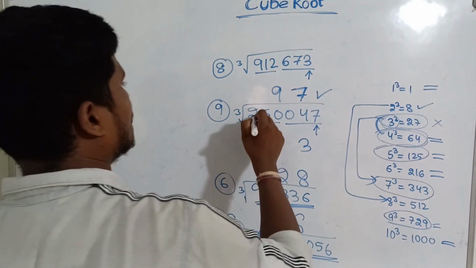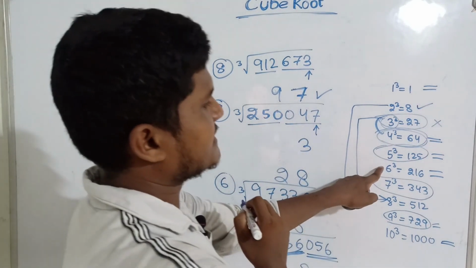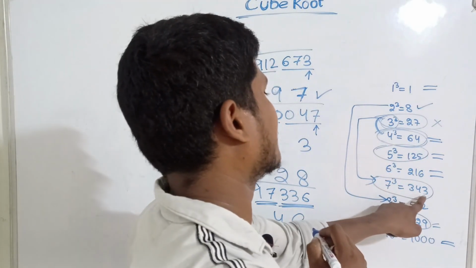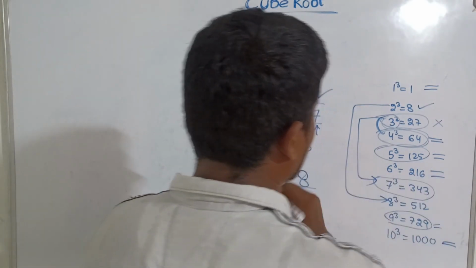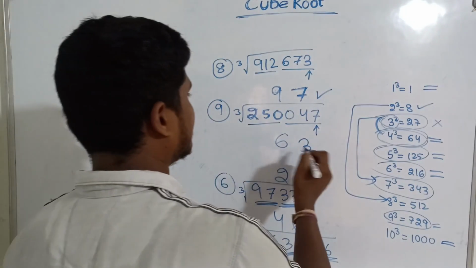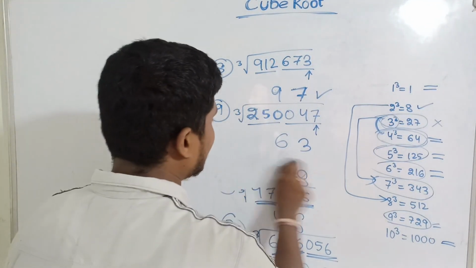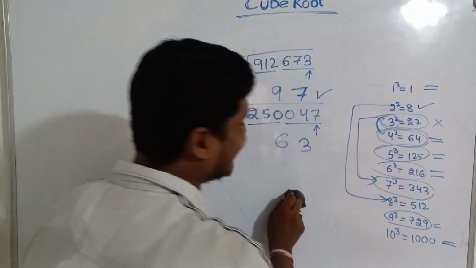So here 250, which number's cube is nearest to 250? 6 cubed is 216, 7 cubed is 343. 250 lies between 216 and 343, so you always take the smaller number, that means 6. So 63 cubed is 250047. In this way you can find any number's cube root very easily.